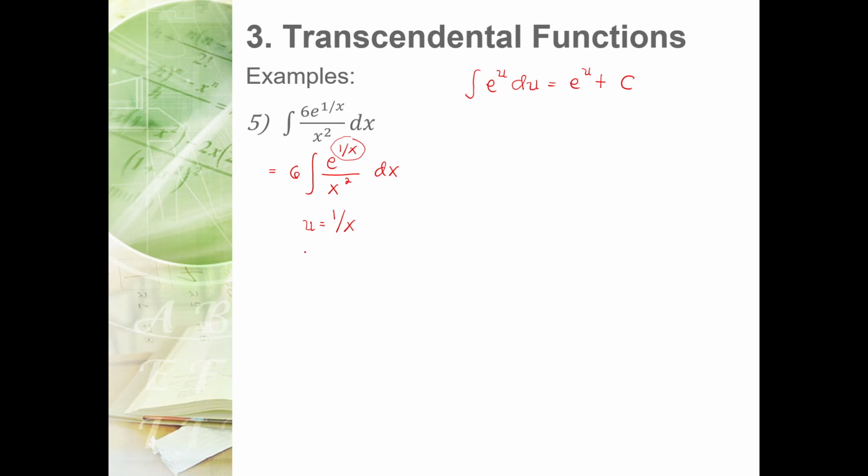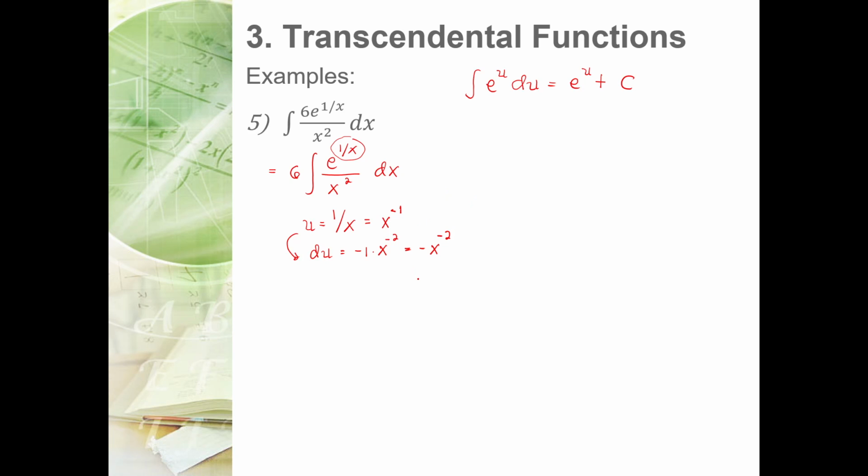So derivative of 1 over x. This can also be represented as its equivalent exponential format, x to the power of negative 1. So getting its derivative, we have negative 1 times x to the power of negative 2. So we have negative x raised to negative 2.